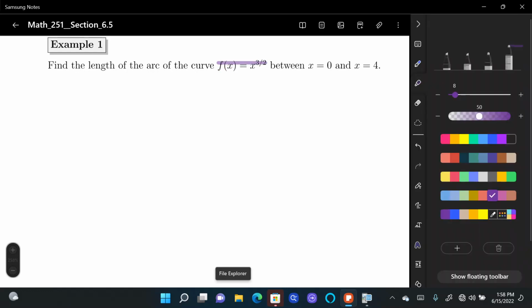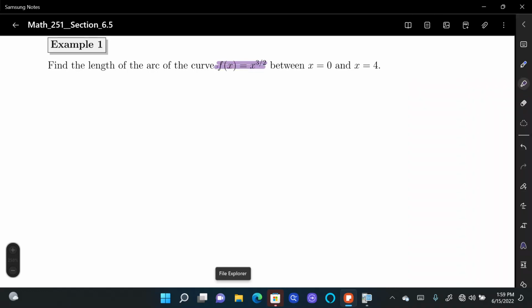And notice for the arc length L, it needs the derivative of the given function that we want to find the arc length for.